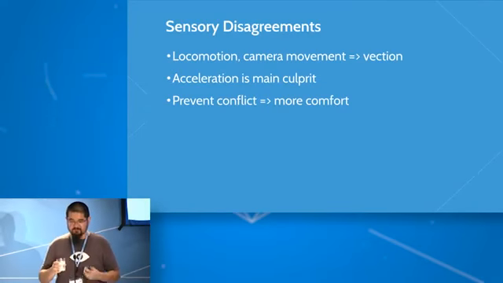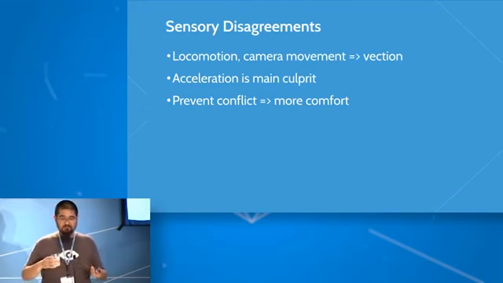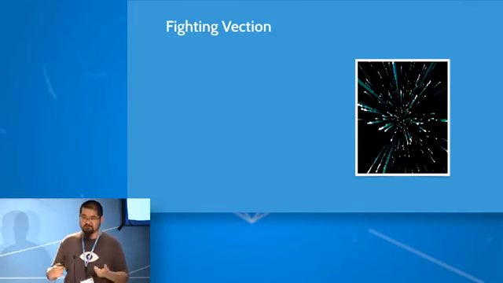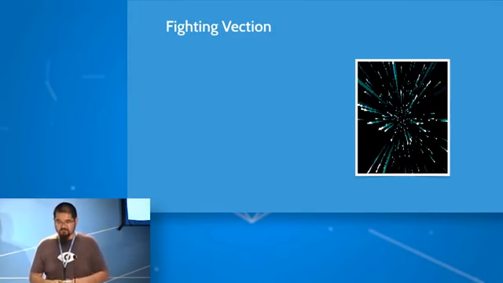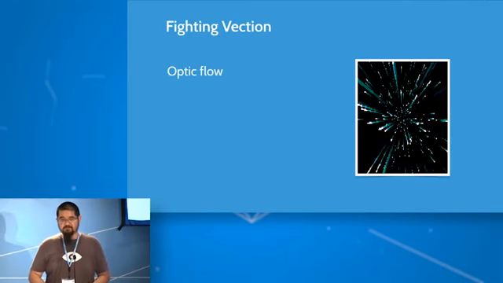At the core of the problem is this conflict. If we prevent the conflict between the senses, then presumably we should get more comfortable experiences in the Rift. There are a lot of ways that people have played around with this, and things we've played around with ourselves. But at the core, we really want to fight vection. We want to prevent this experience of illusory self-motion. And to fight it, it helps to understand it. Vection primarily comes from what's referred to as optic flow.